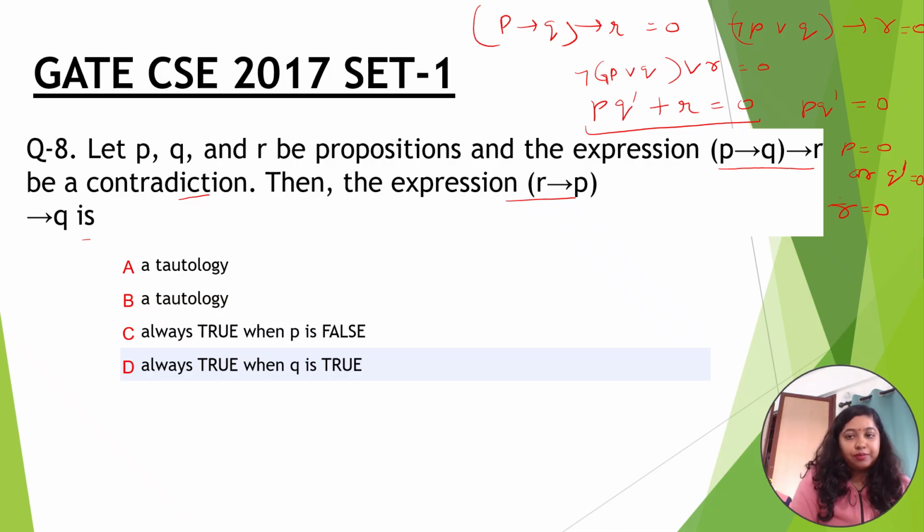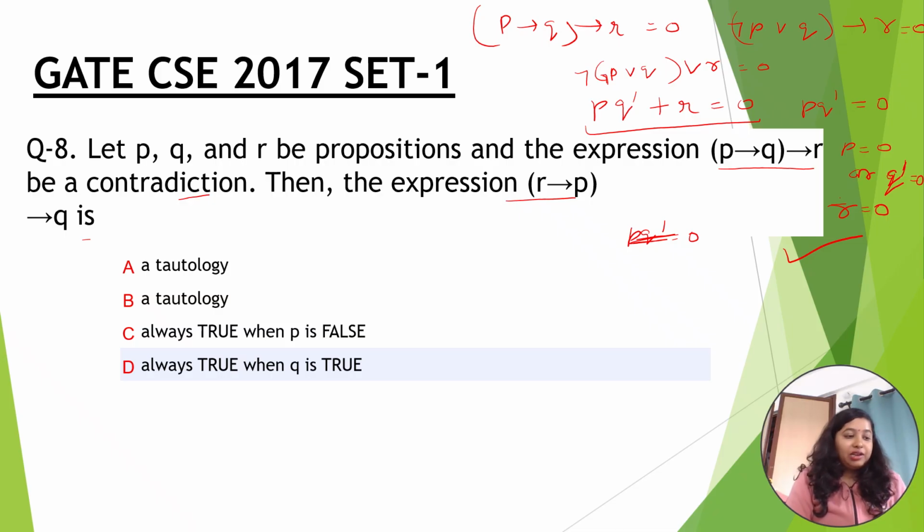P is 0, Q bar is 0 and R is 0. Okay. Now P Q bar is equal to 0. Okay, so we have already discussed this.